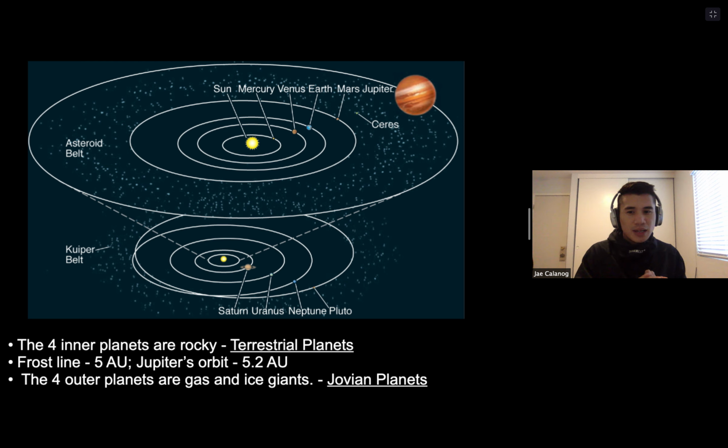Jupiter's orbit, the first Jovian gas giant, is located at 5.2 AU. So that physical limit of 5 AU is what allowed Jupiter to form past the frost line. Because hydrogen compounds can condense past the frost line, the four outer planets are going to be gas and ice giants. Here's a little diagram where you have your first four inner rocky planets, the terrestrial planets.